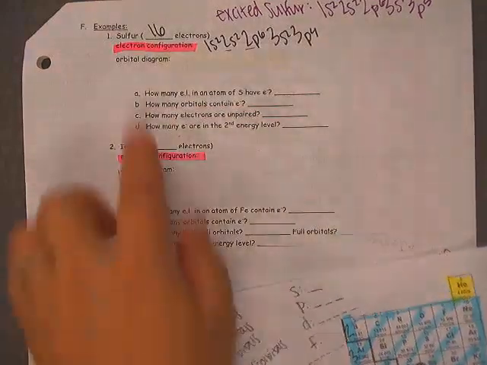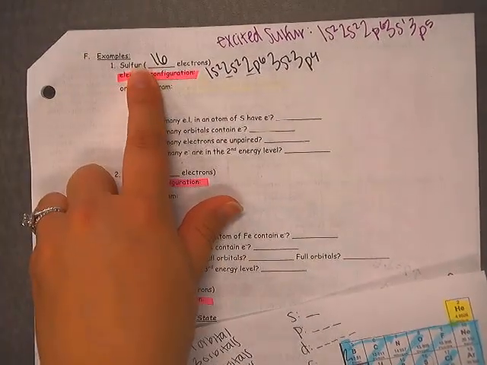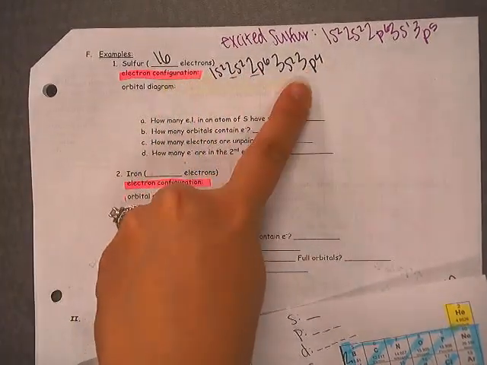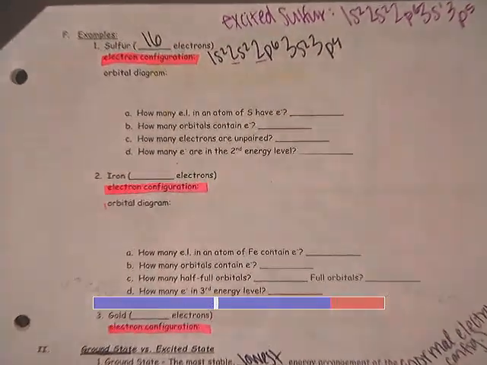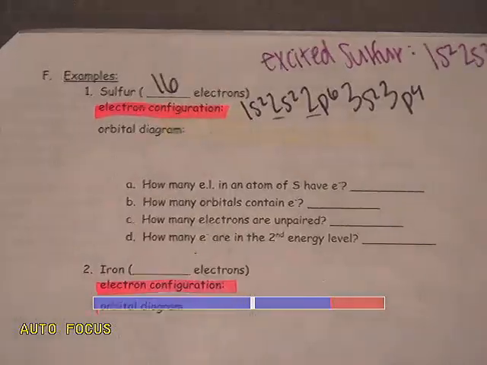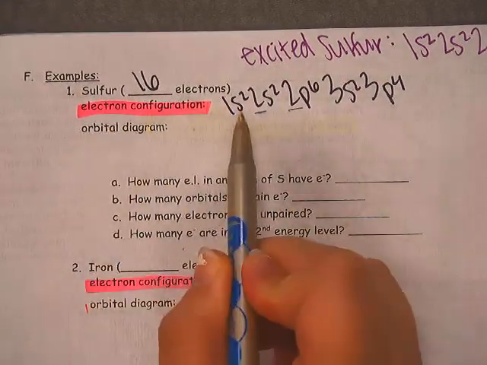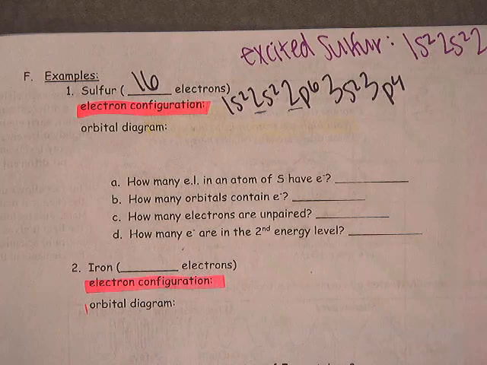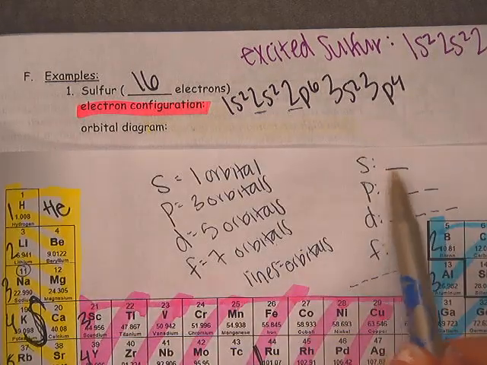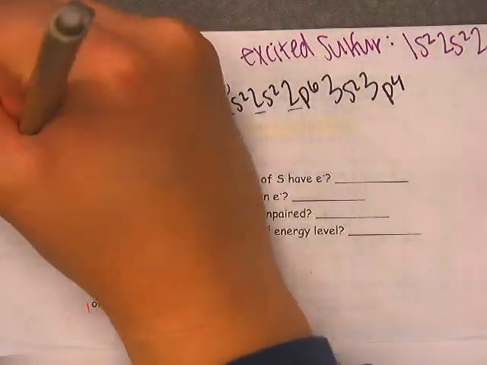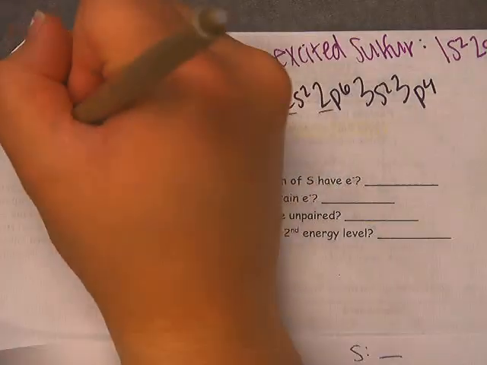So if I do my orbital diagram for sulfur, I'm just following along my electron configuration and placing the electrons where they belong. So, for example, in my orbital diagram here, I'm starting with 1s. Since it is an S sublevel, it's going to have 1 line. So 1s is going to have just a single line.